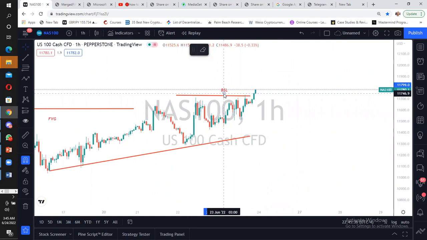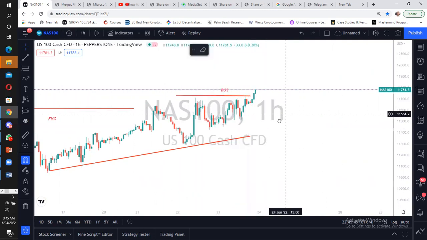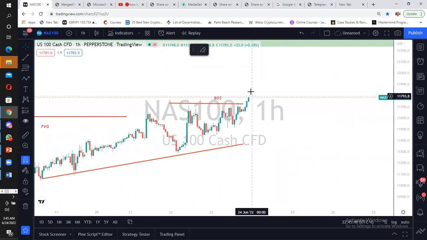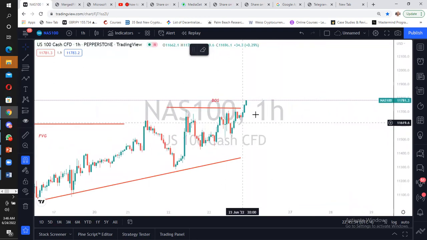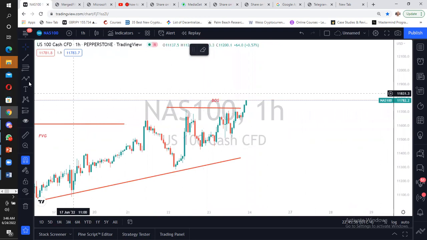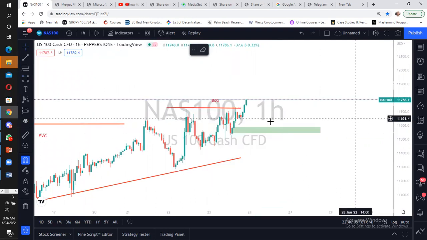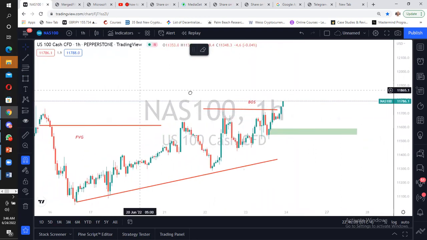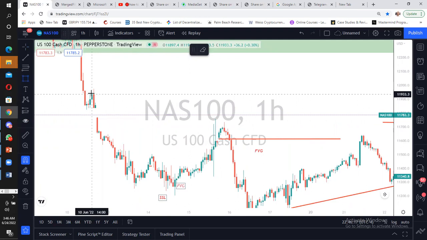After break of structure, we'll be anticipating a pullback so we can get an entry. So here we'll have this unmitigated zone, and we'll have an FVG there. Here we'll have a gap that this market wants to close, just as I told you yesterday, that this market will definitely come and close this gap.